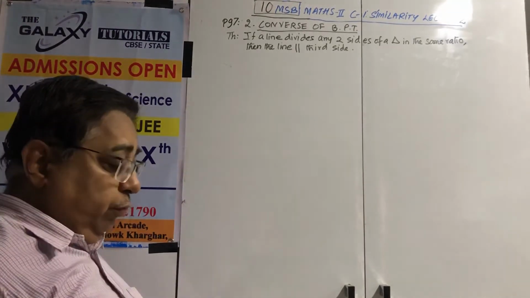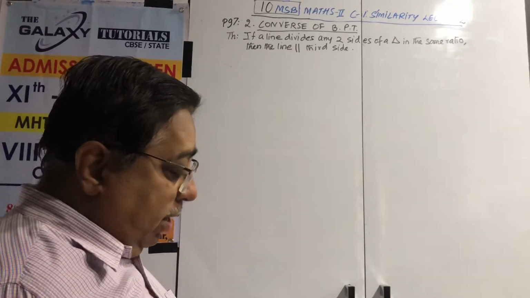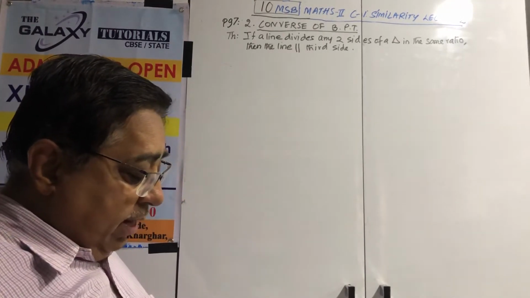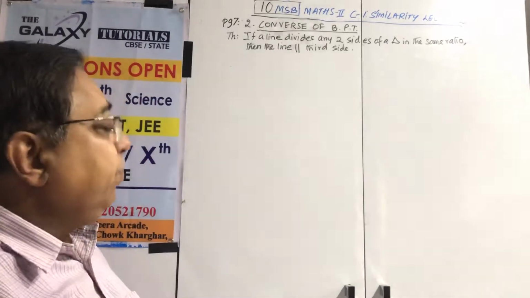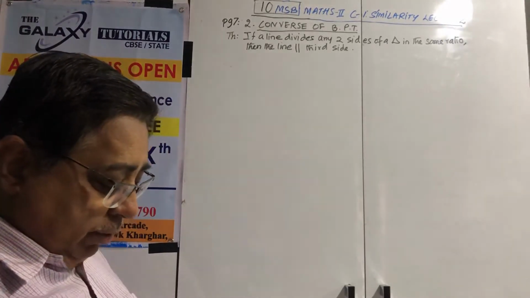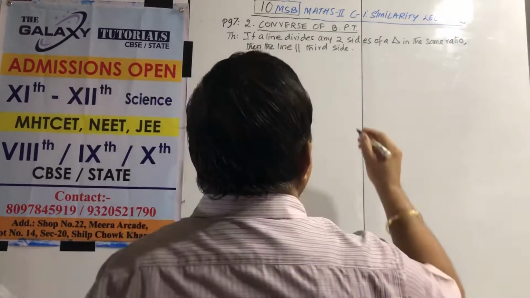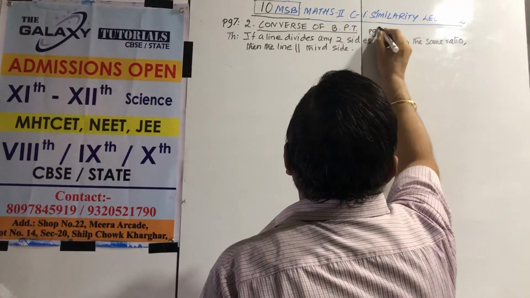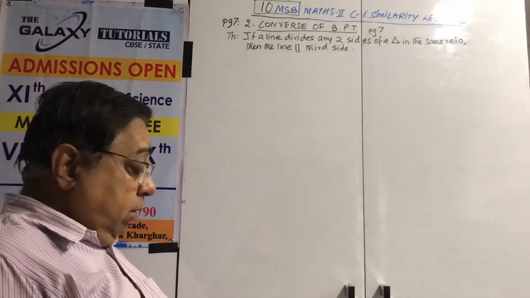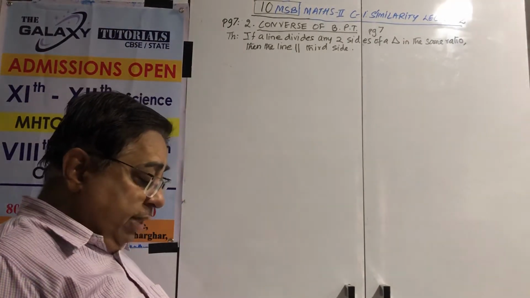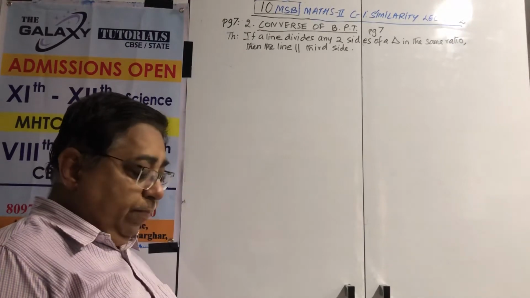we'll have to prove this by an indirect method, and it is an activity, okay, which you will be able to fill up by yourself. So I leave it as homework. Page number 7. The theorem is written for you, the figure is drawn for you, and the fill in the blanks are left for you as an activity.